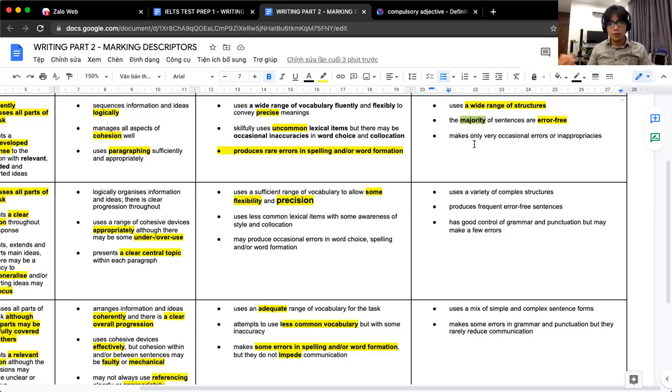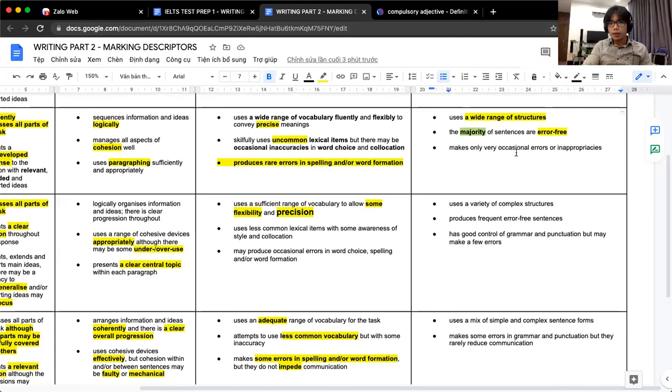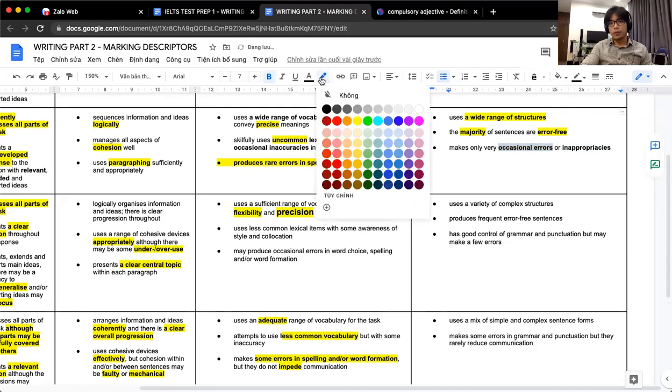Okay, can be easily fixed. So yeah, make sure you do that. All right. Makes only very occasional errors or inappropriacies. Okay, so basically try not to make any errors if you want to have a good score for grammar.